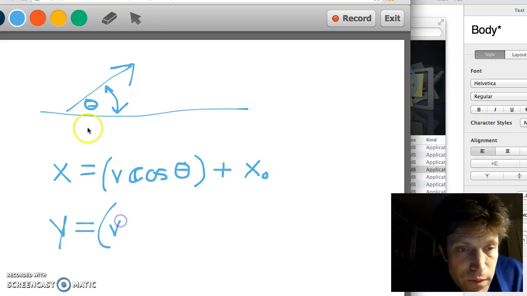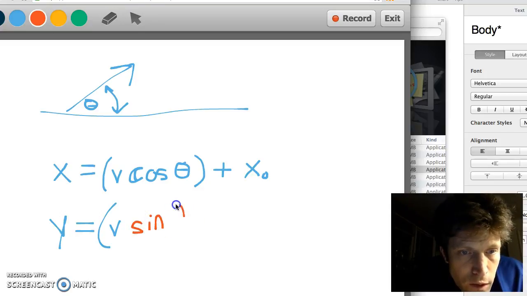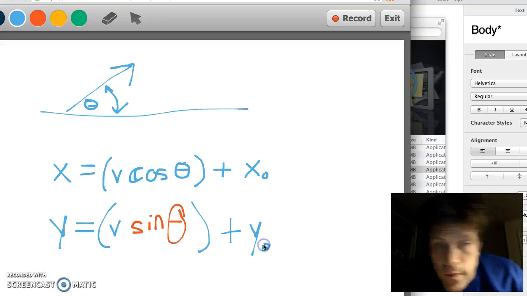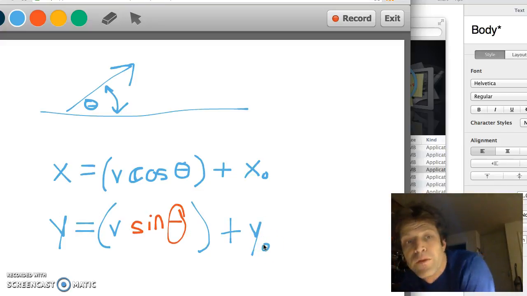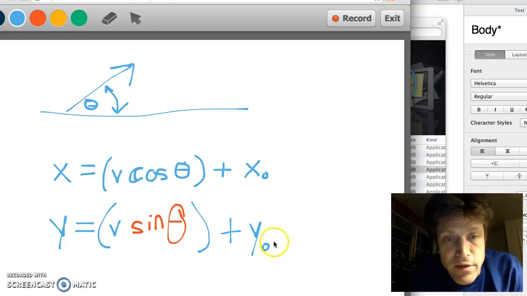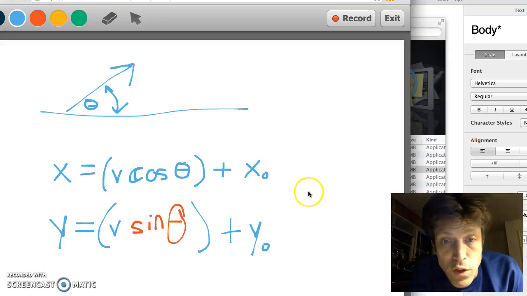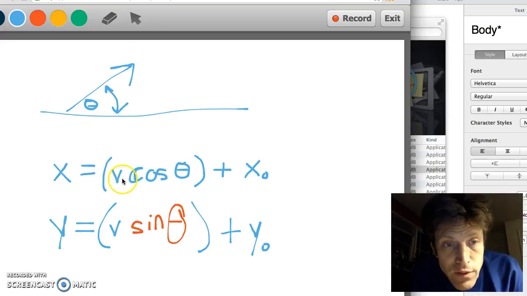Maybe you can guess it. Here it comes, sine theta, plus initial y. So those are our equations, and x0, y0 is where the object is when t equals 0. And then as you start moving, velocity moves the object.